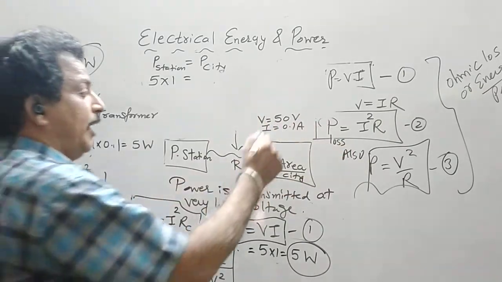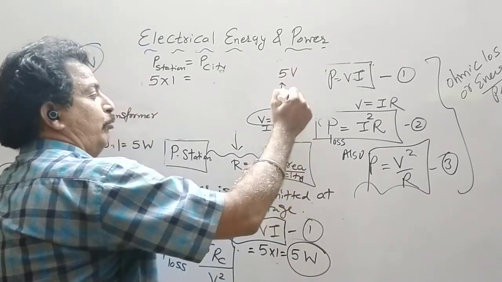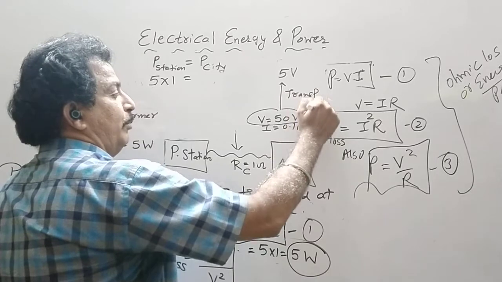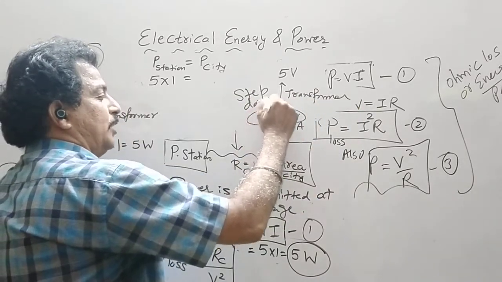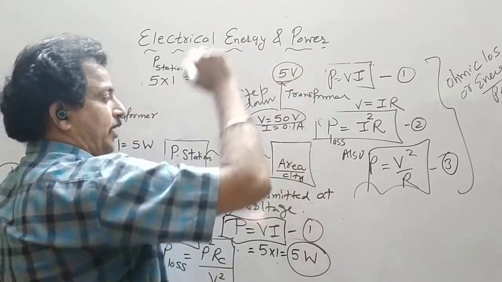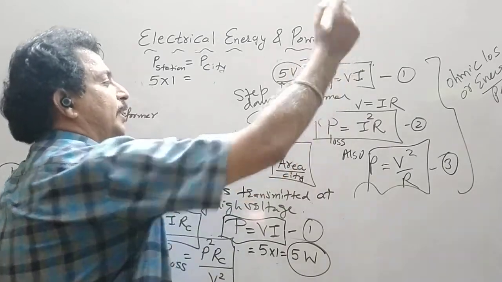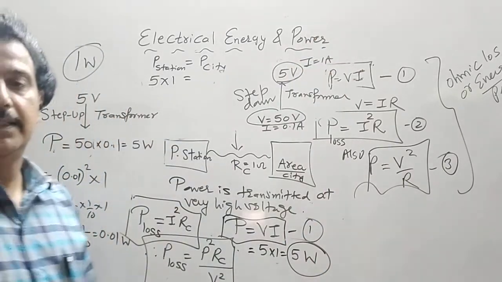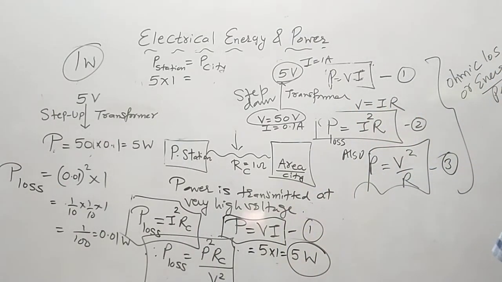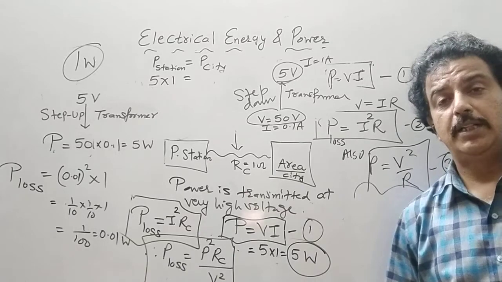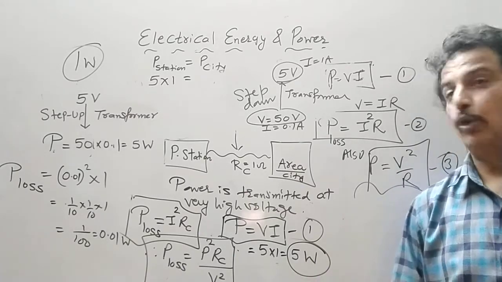So this 50 volt will be converted into 5 volt again with the help of a transformer, and such a transformer is referred to as a step-down transformer. As the potential difference decreases, the current is restored to 1 ampere. This is the principle which we will study in the transformer, why we need to step up or step down the voltage.